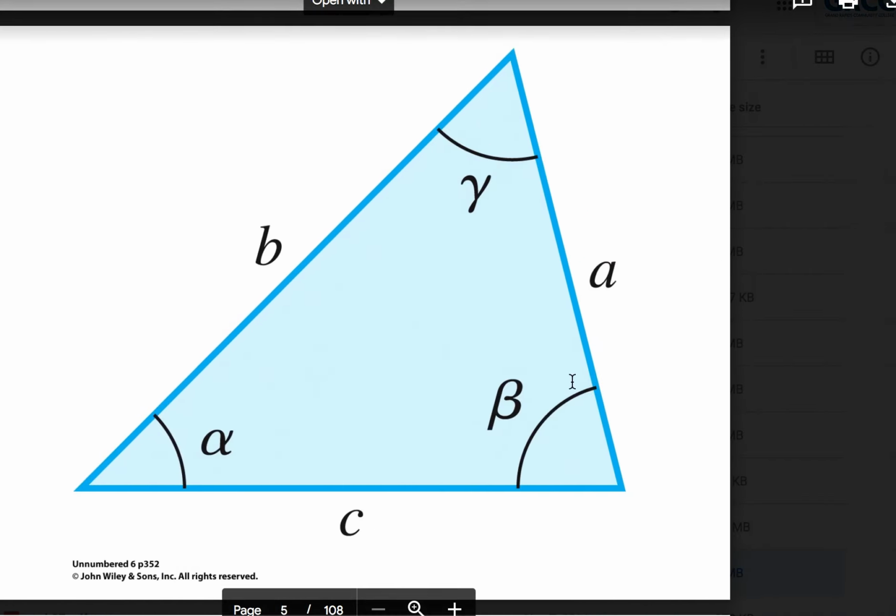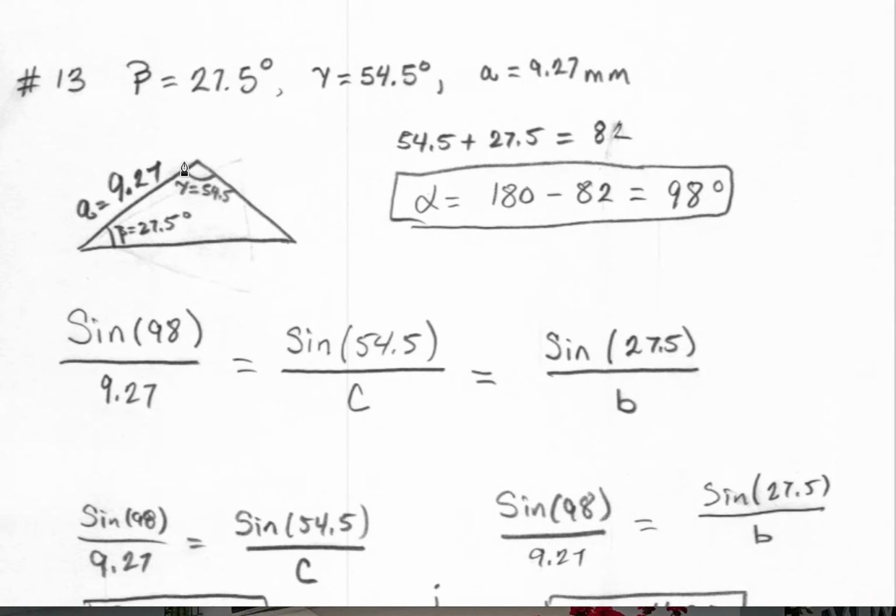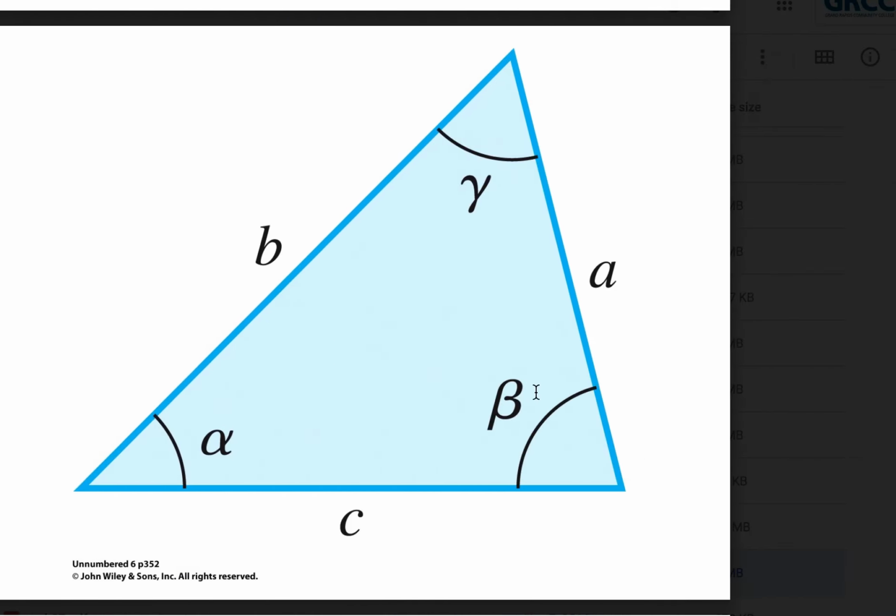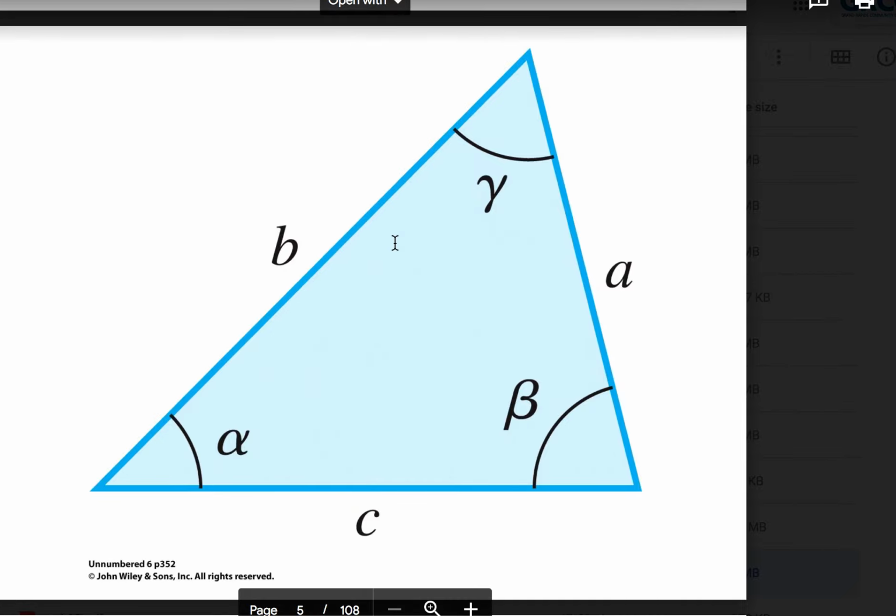So if I look at this generic shape, we're given beta, gamma, and A. So we're given this angle, we're given this angle, and we're given the side that's in between those two angles.